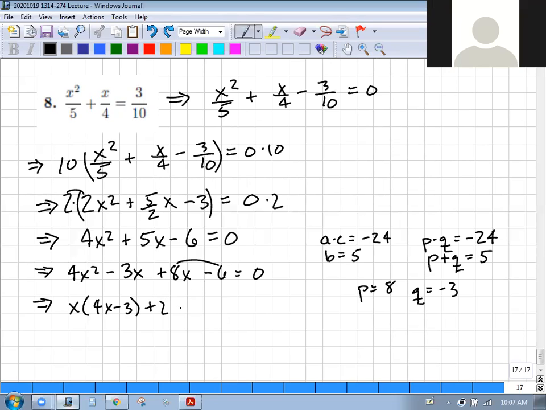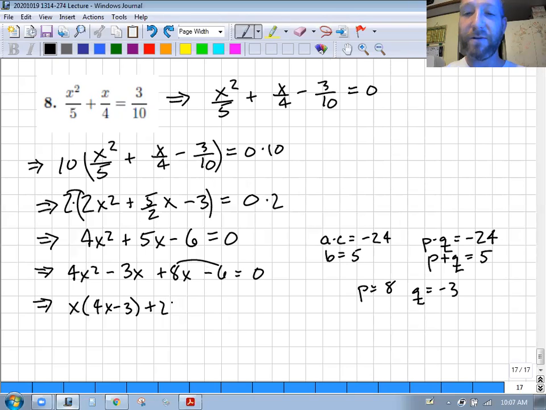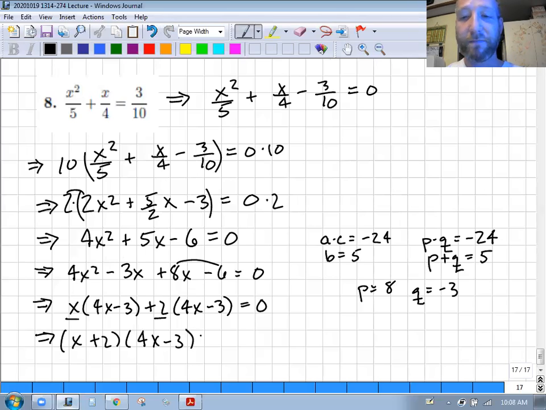You said something was wrong, but I don't see anything that's wrong. Well, if I factor out the 2 here, oh yeah, you're right. I get a 4x minus 3. Yeah, thank you. So we get the same term, right? Switching these two worked. When I had the 8x first, it wasn't working out. So I have an x and a 2, both multiplied by a 4x minus 3.